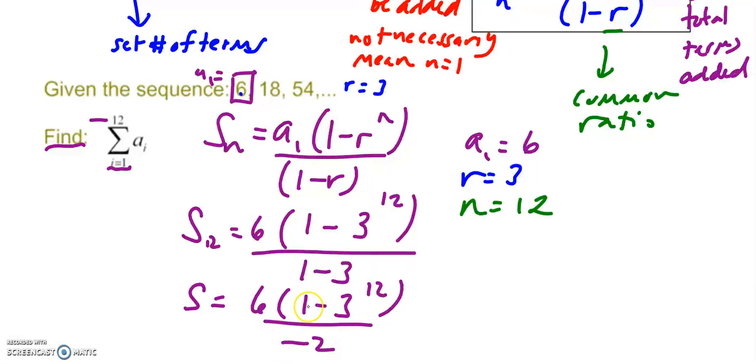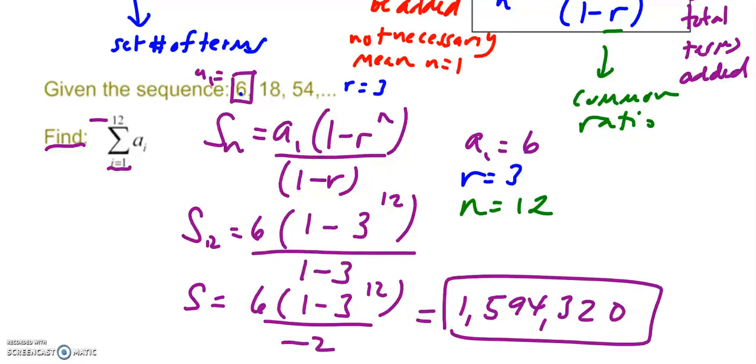So what I would do again is take 1 minus 3 to the 12th, take that answer, multiply it by 6, then take that answer and divide by negative 2. And if you did that in your calculator correctly, your sum is quite large, 1,594,320.